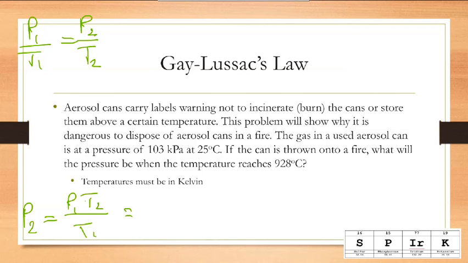So before we throw it into the fire, our conditions of P1 and T1 are 103 kPa and 25 degrees C. But remember, we need to be in Kelvin, so we add 273.15. So we are at 298.15 Kelvin.